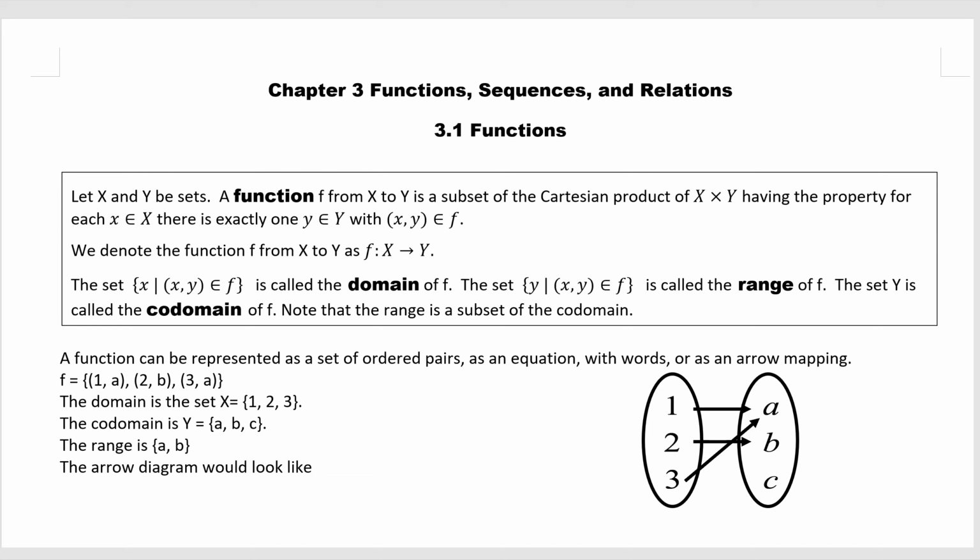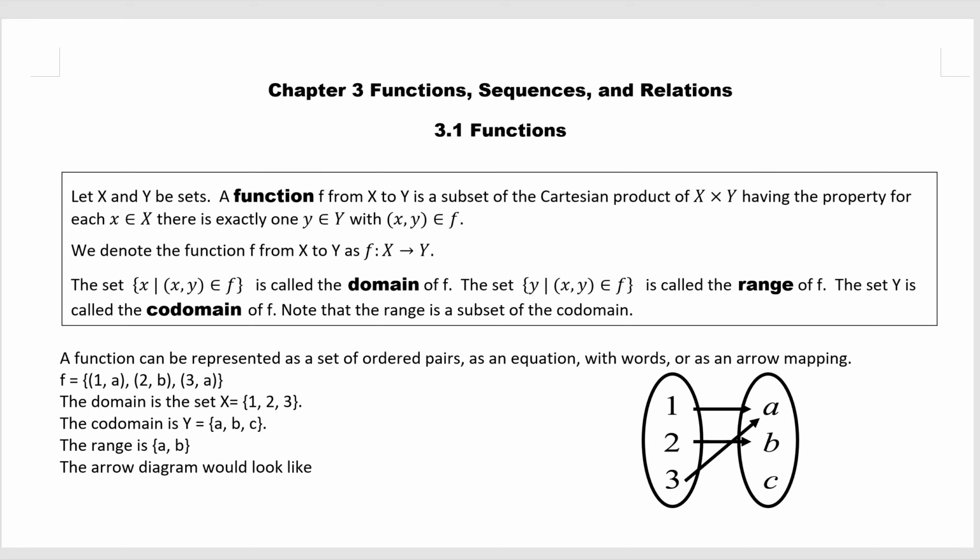So I hope all of you have learned functions before. This session is kind of a review of the functions we learned before, okay? The set of x such that (x, y) is in f is called the domain of f. The set of y such that (x, y) is in f is called the range of f.